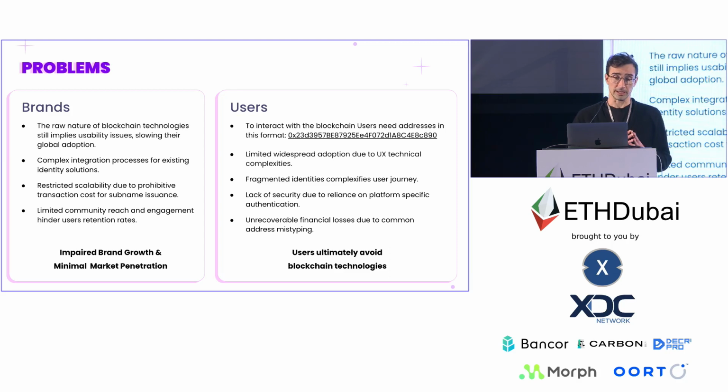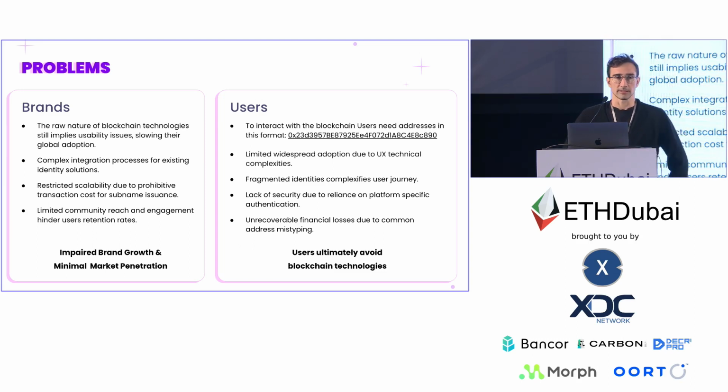Where we're working is we're building an identity layer on top of ENS, which allows us to replace your 0x23D and so on address with a human name. This really allows any brand to issue an unlimited amount of usernames for their users at virtually no cost.